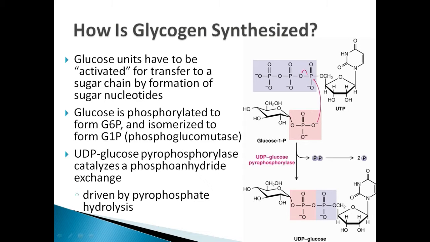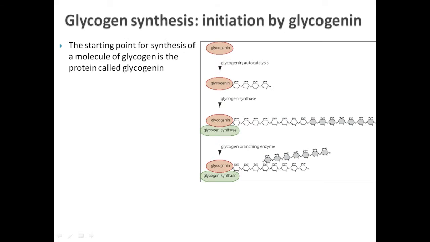So this will basically be the building blocks of the growing glycogen chains. We will see as the glycogen is synthesized, it is UDP glucose that comes in, the glucose is added to the chain, and the UDP will be released.